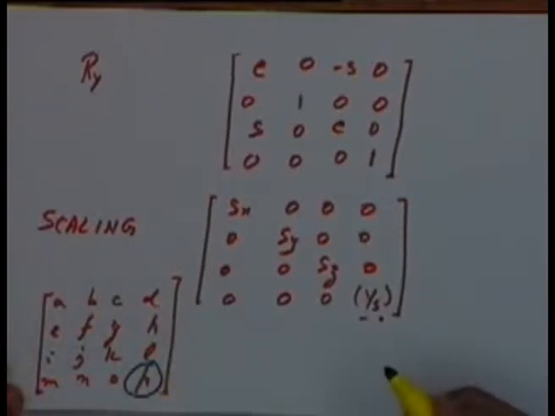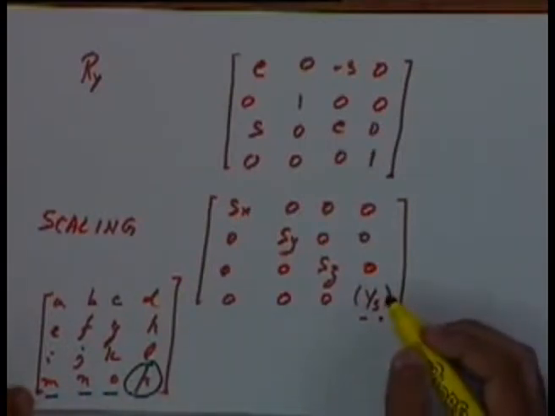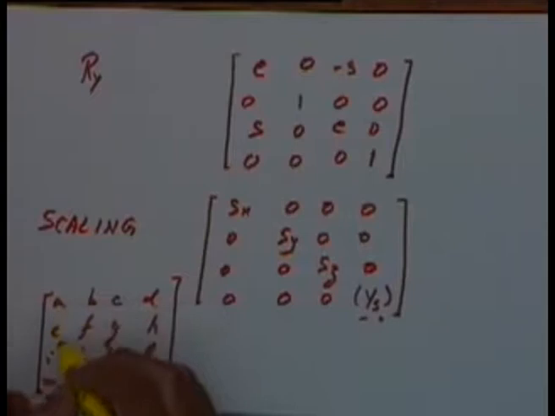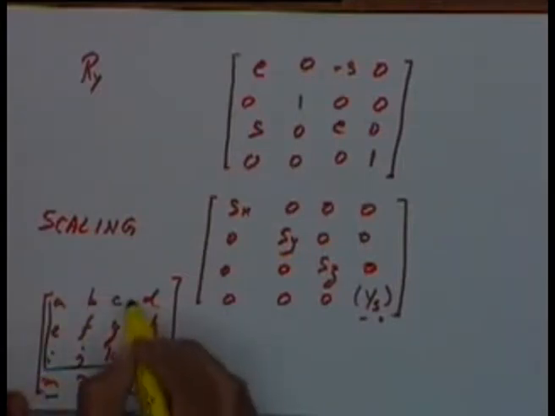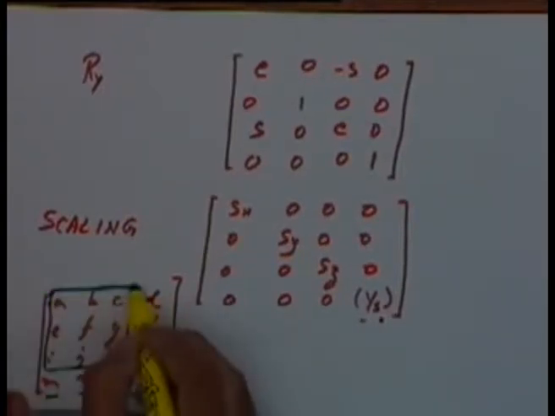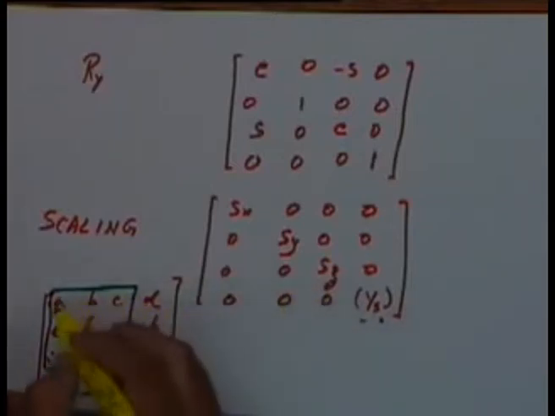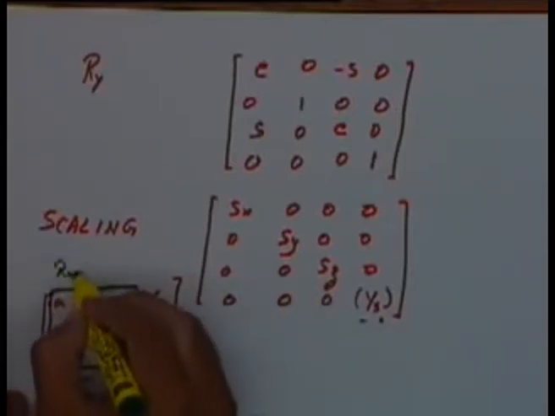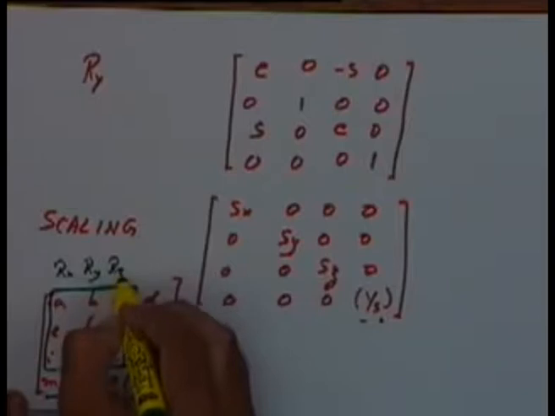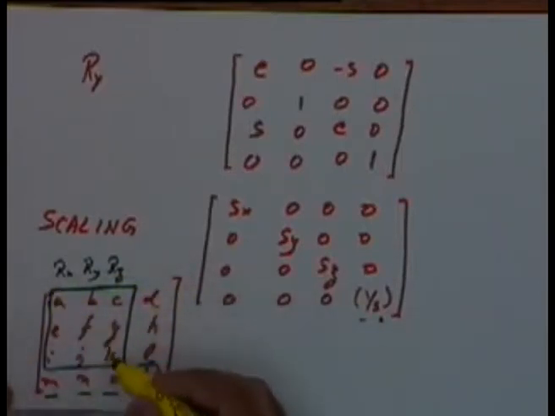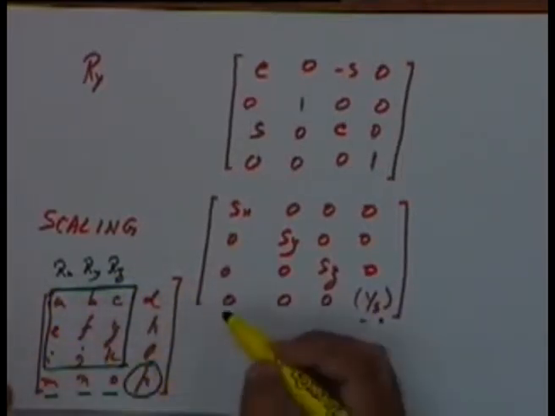this corner term is a homogeneous coordinate which controls the uniform scaling. These 3 terms control the translation. These 9 would control the different rotations about Rx, Ry, Rz. All 3 of these will be controlled by these 9 terms.